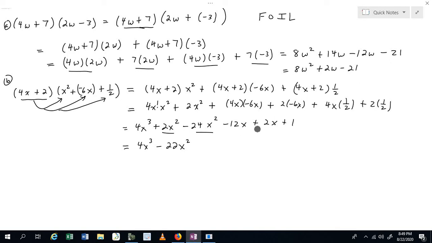And then minus 12 plus 2, because you can add these x terms, is negative 10x plus 1. Okay, so that's what you get when you add like terms. Okay, so that's as simple as you can get it, and that's the final answer.